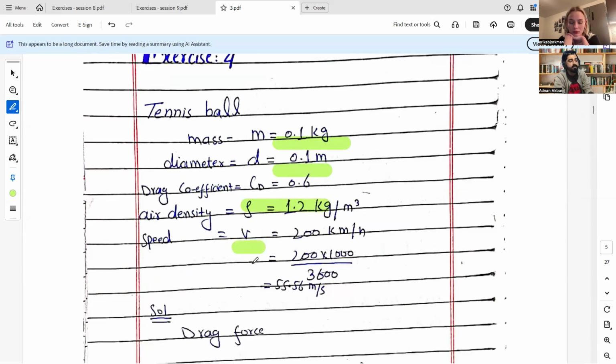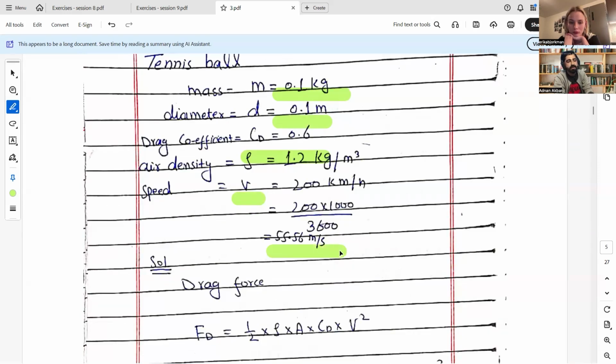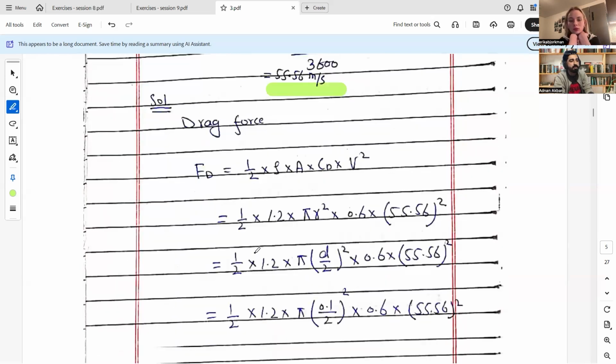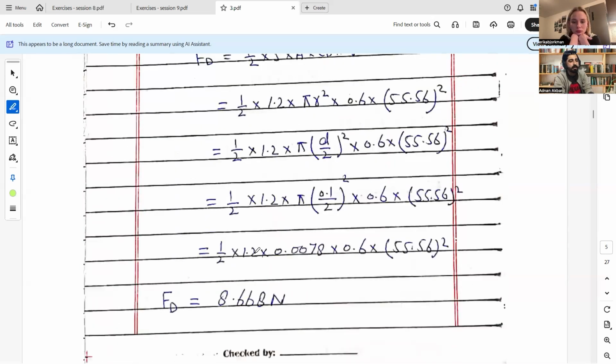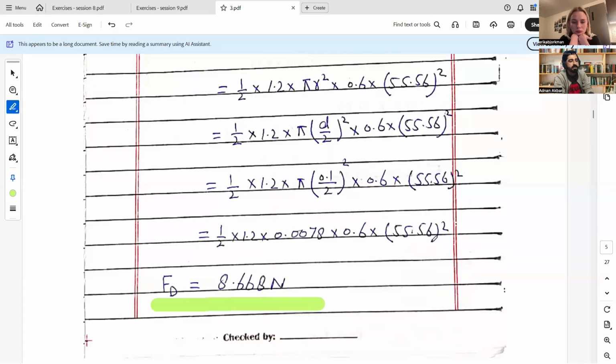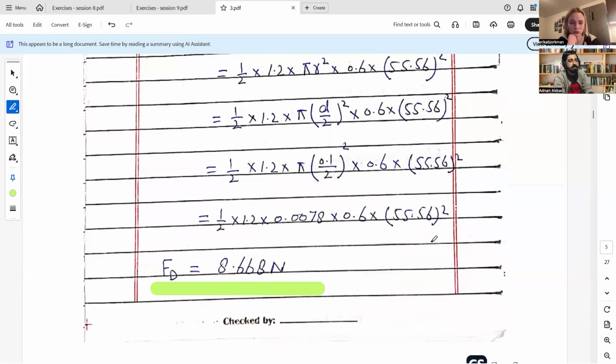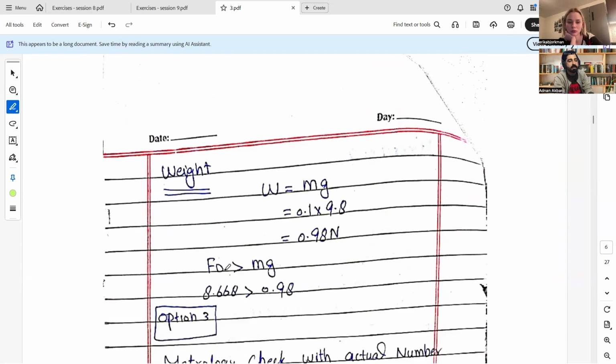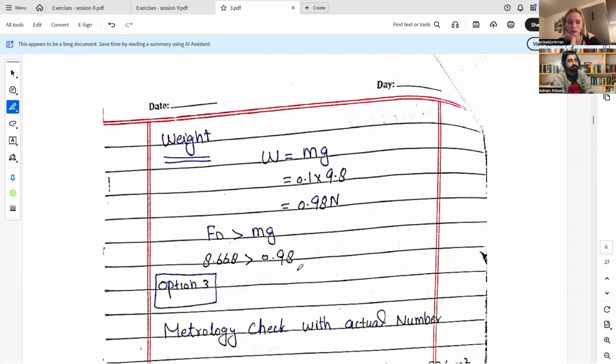Velocity is the only factor that is given to us. We have converted it into meters per second, and by using the drag force formula we calculate its drag force, that is 8.668 Newton, and weight W is equal to mg, that is 0.1 multiplied by 9.8, and finally F_D is greater than mg.